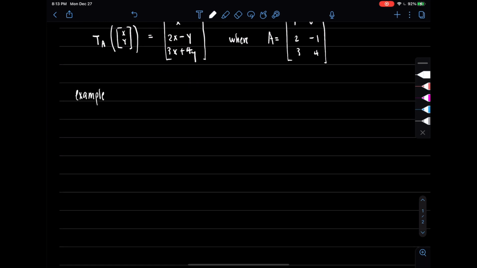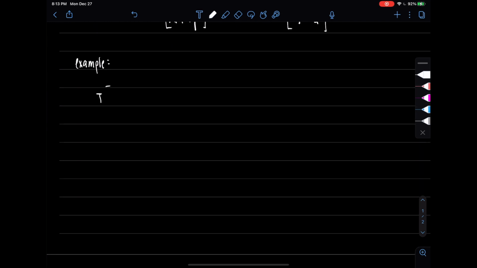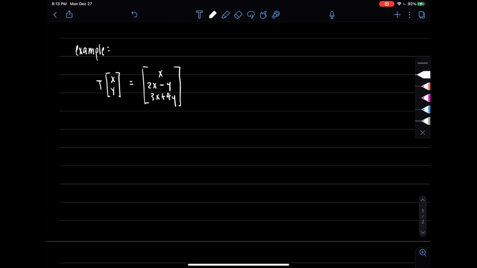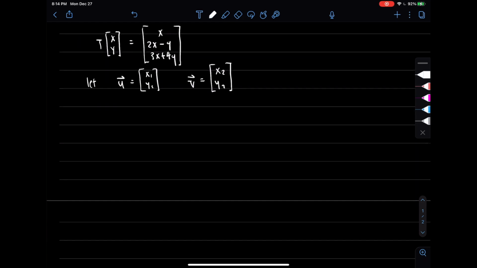So let's view an example. Given the transformation T of xy equals x, 2x minus y, and 3x plus 4y, and u equals x1, y1, v equals x2, y2. Let's find the transformation of u plus v.